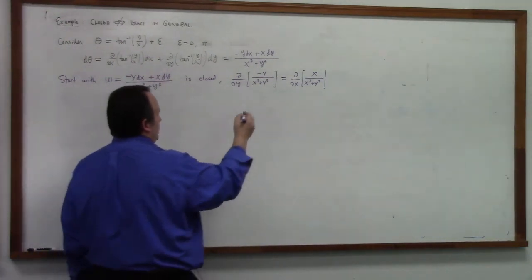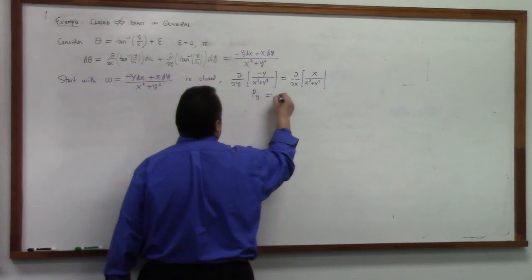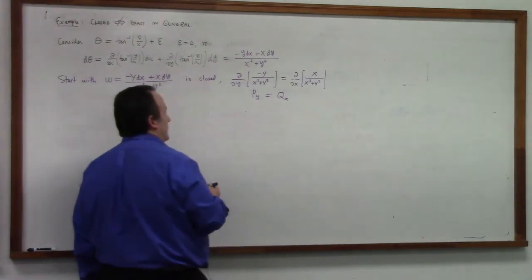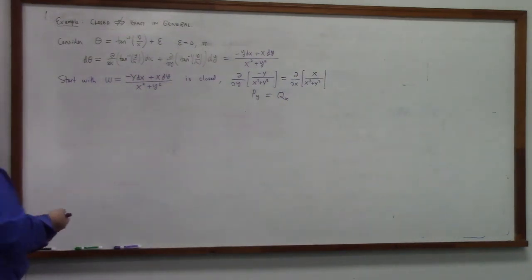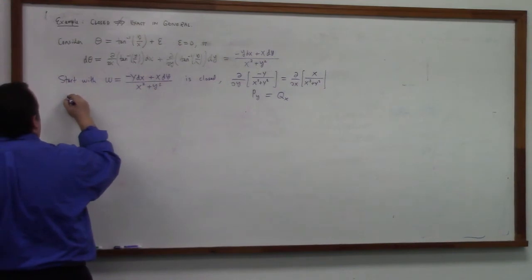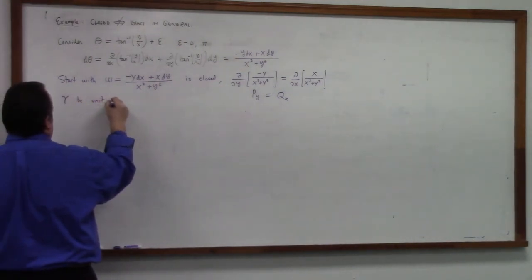In other words, P_y is equal to Q_x. So you can check it's closed. So let's let gamma be the unit circle.